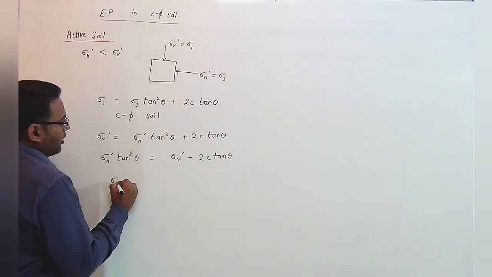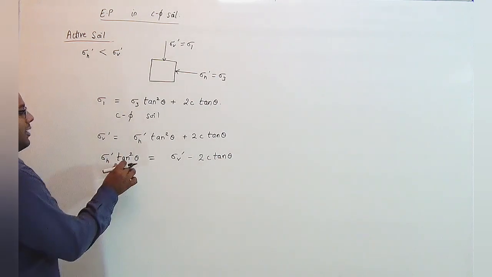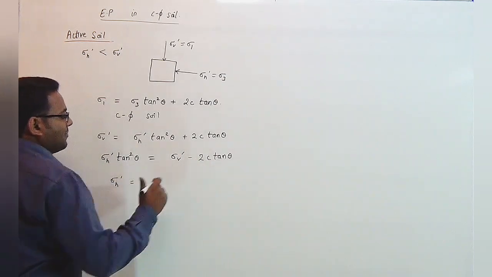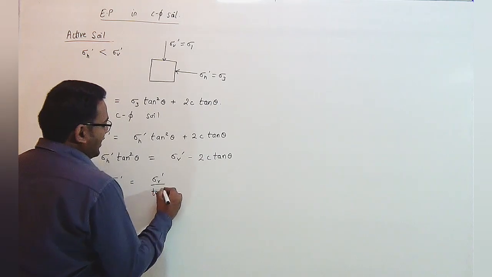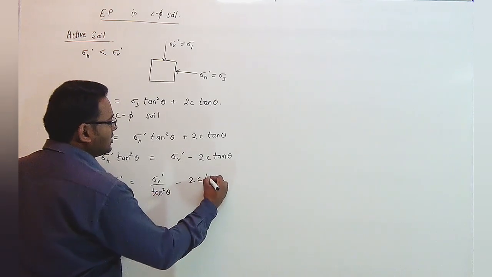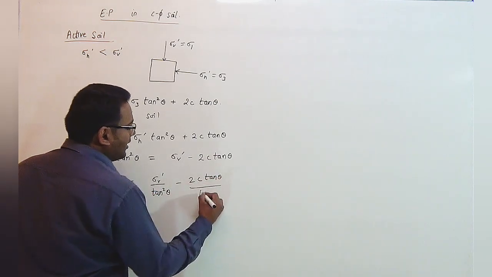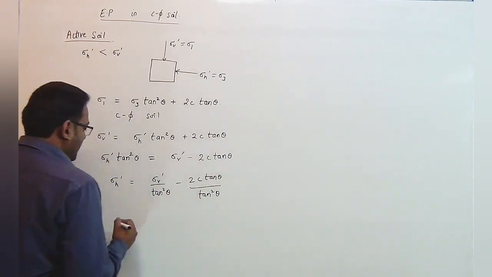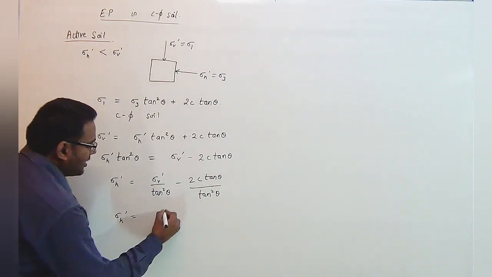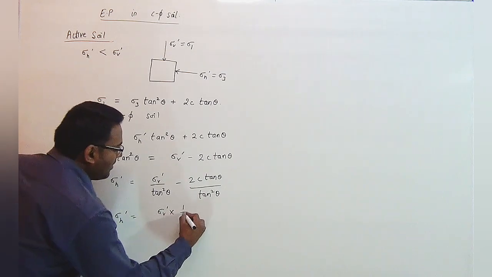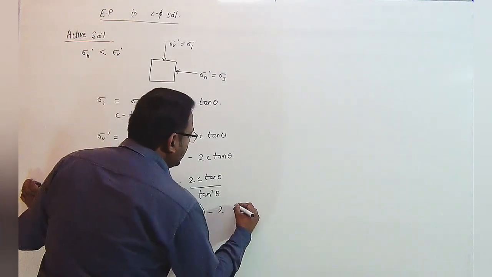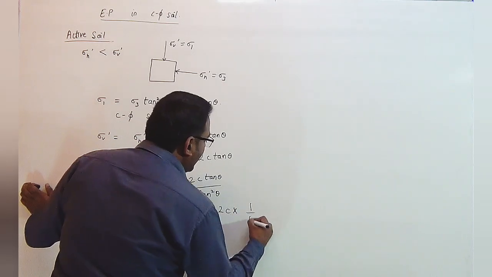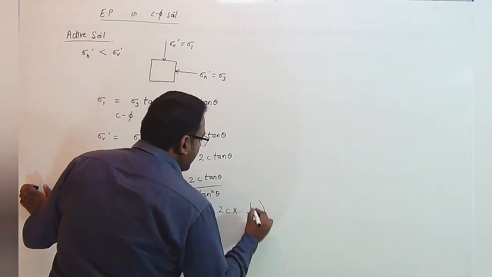To calculate sigma H dash, we can divide by tan square theta. So it will be equal to sigma V dash upon tan square theta minus 2c tan theta upon tan square theta, which equals sigma V dash into 1 by tan square theta minus 2c into 1 by tan theta.